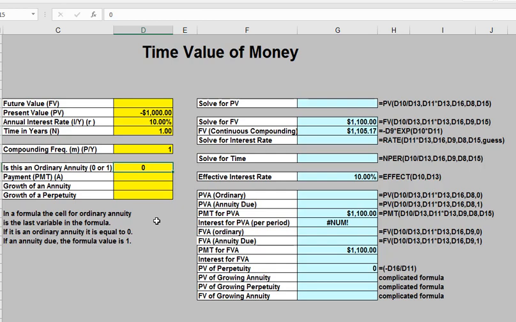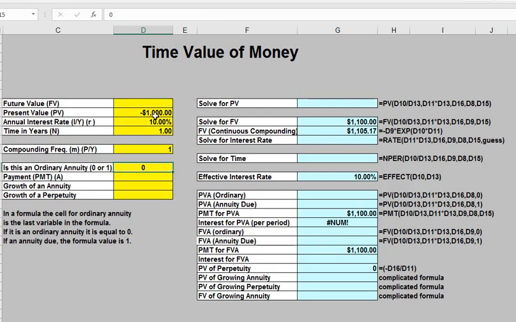The alternative is that it would happen at the beginning of the time frame. And if you see the formula over here, you can see that this very last variable, D15, is this variable. So we're telling it that we want it to calculate this value as of the end of the year.